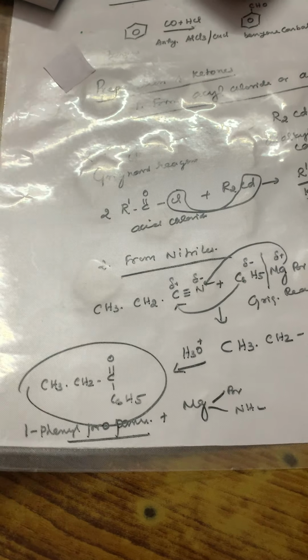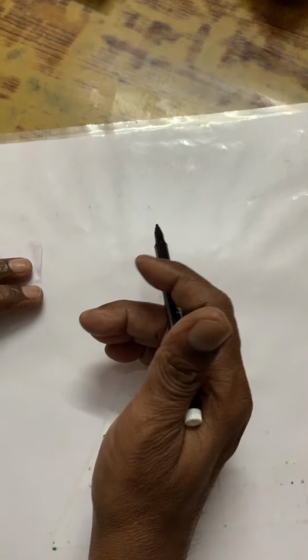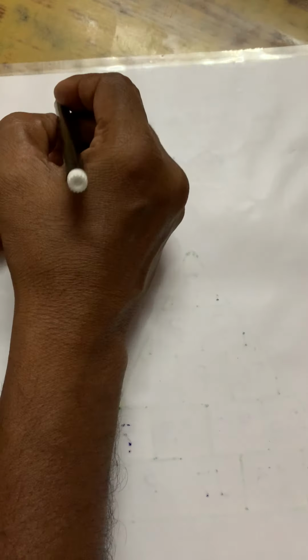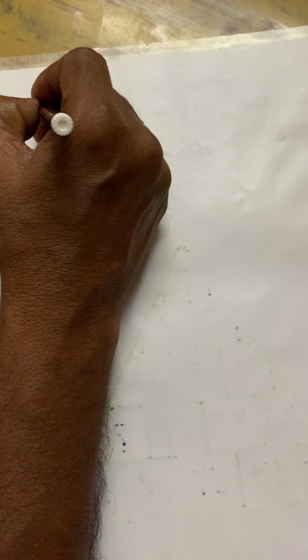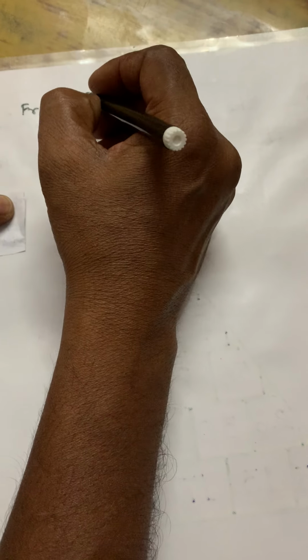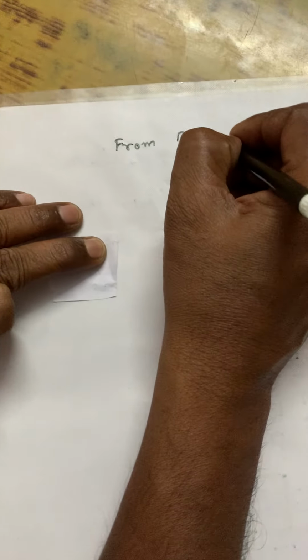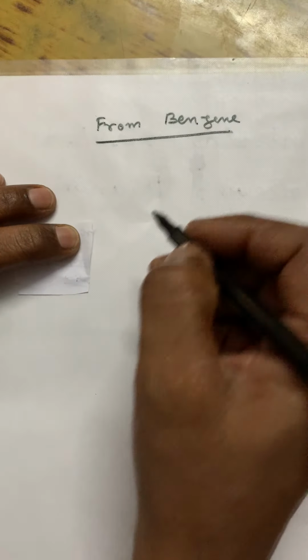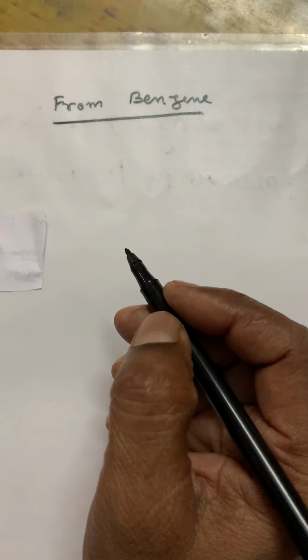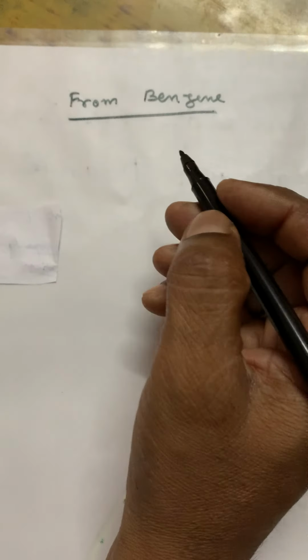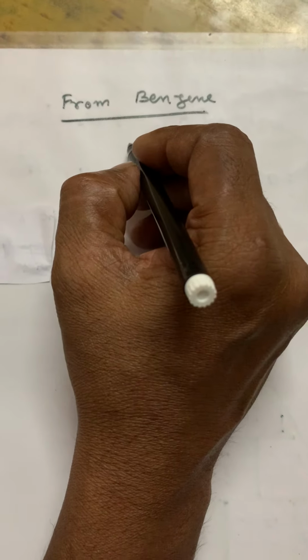Next, we are going to see the preparation of acetophenone from benzene. This is another preparation from benzene. This is a very simple one we can apply.